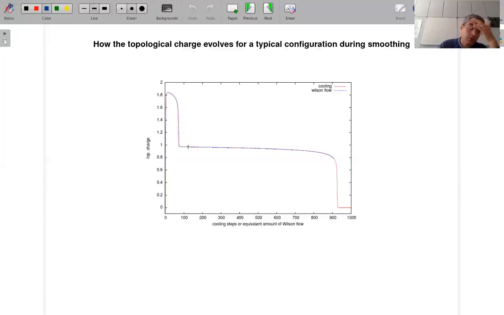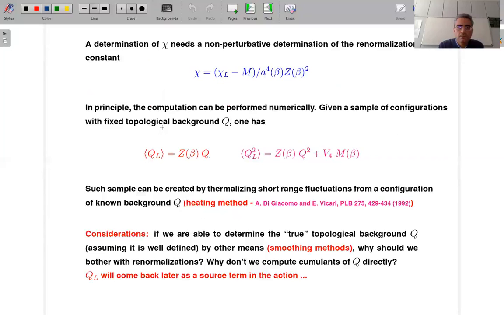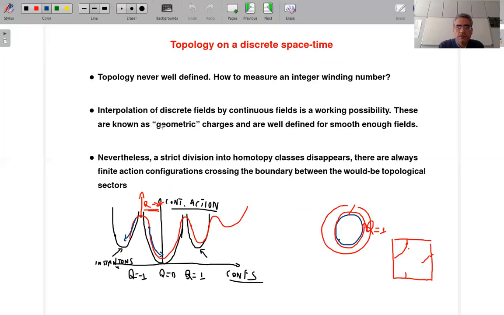So what happened in this case is that, going back to this picture, you are minimizing the action, so you are moving towards the minimum, and you are staying here in a configuration which is metastable.